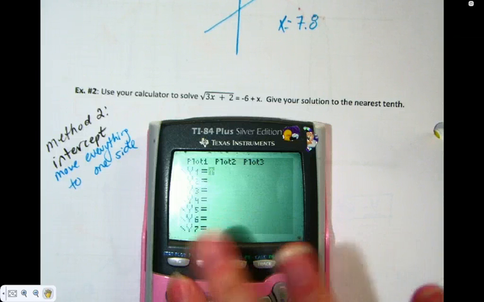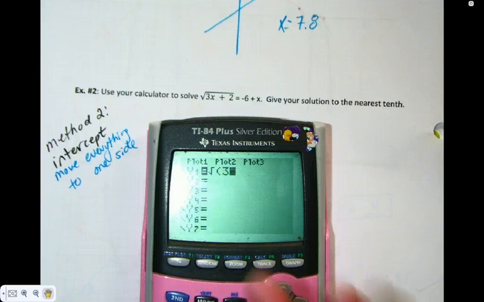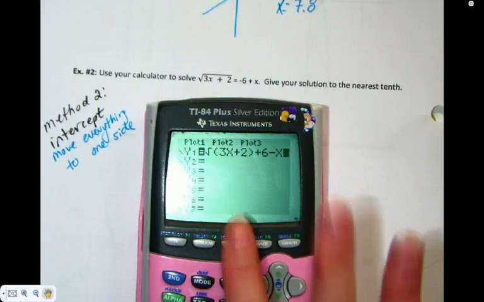Okay, so I'm going to type in radical 3x plus 2. How do I get the negative 6 to come over? Plus 6. How do I get the x to come over? Zoom standard.